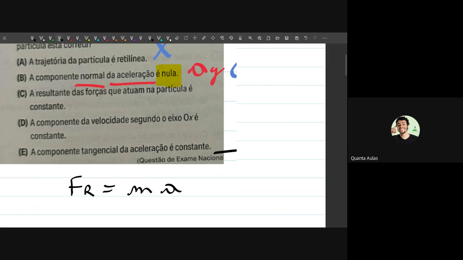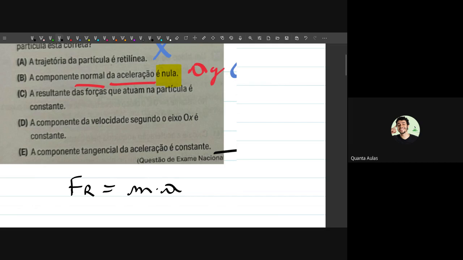So if you have an acceleration that depends on time, it means your force is time dependent too, okay? So we need to see the acceleration you obtained in the other question, okay?